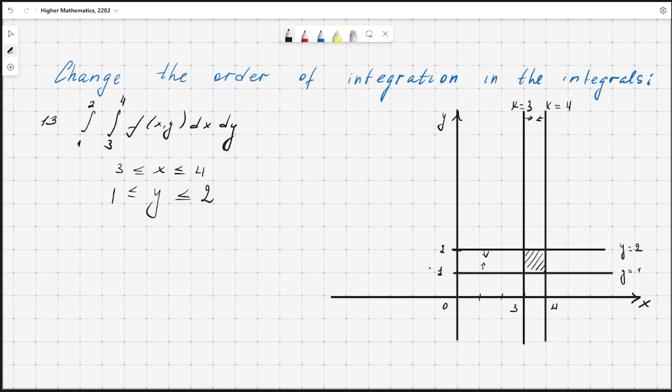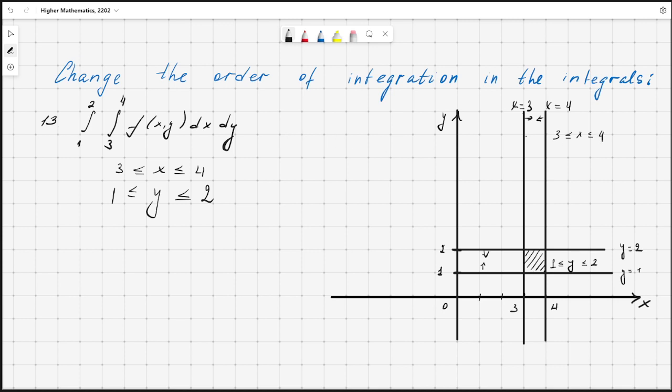Change the order of integration. Firstly, we must define y. Y changes from the line 1 to the line 2. Y changes from 1 to 2. And x changes from x is 3 to x is 4. X changes from 3 to 4.